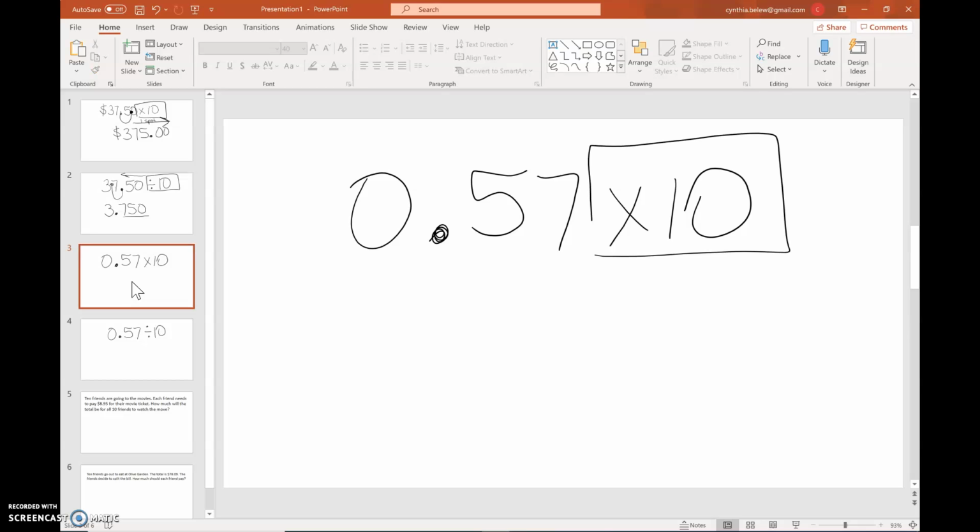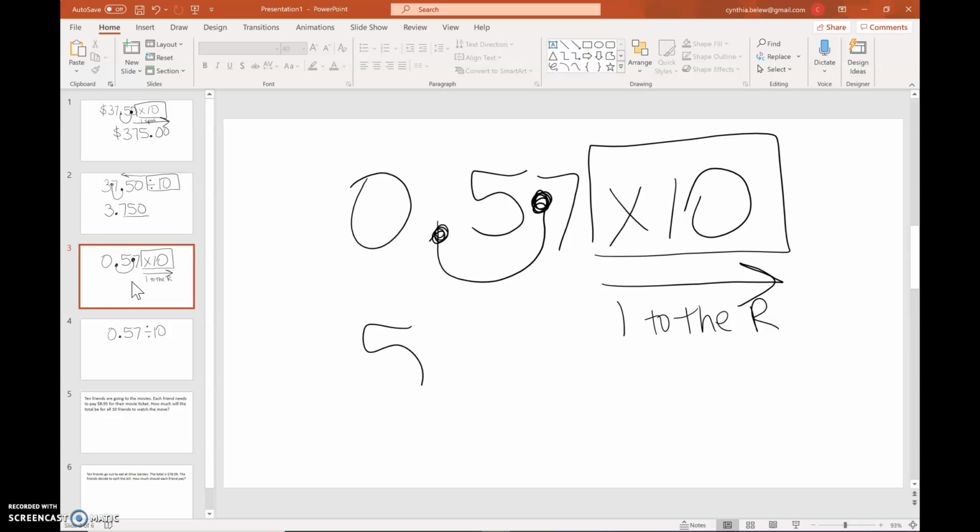I am multiplying by 10, so that decimal slides one spot to the right. So this decimal is now here. I have 5.7. And the way I say that is 5 and 7 tenths.